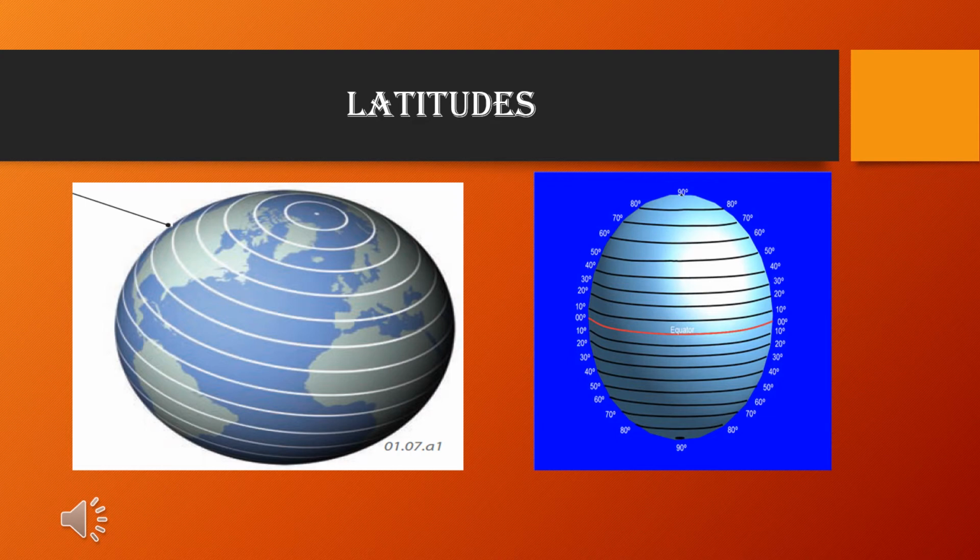Thus, 90° north latitude and 90° south latitude. The value of each latitude is followed by either the word north or south.